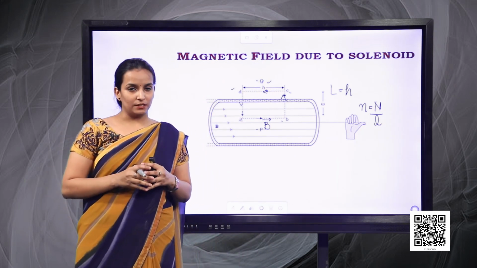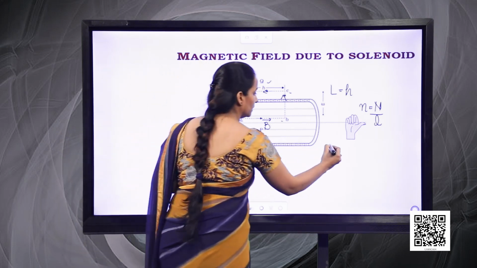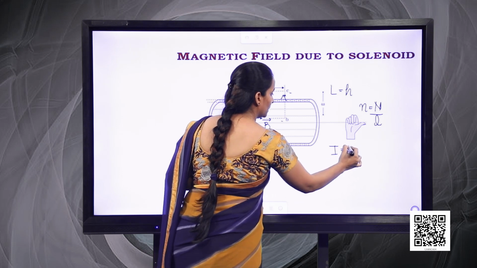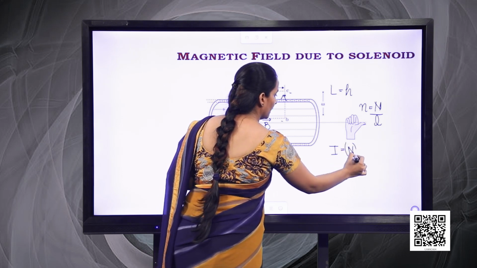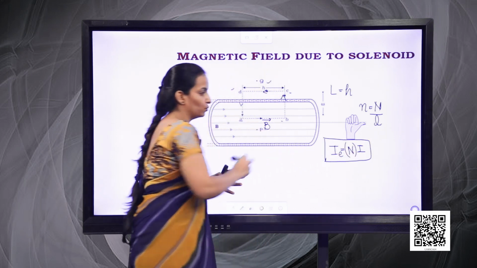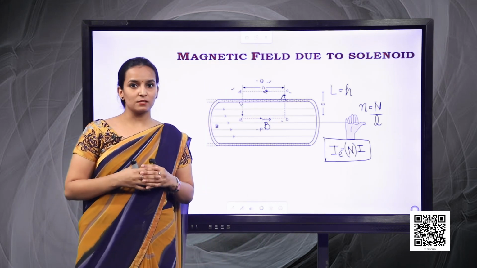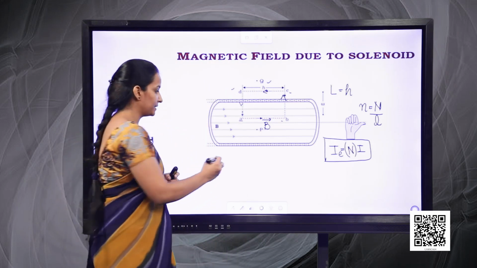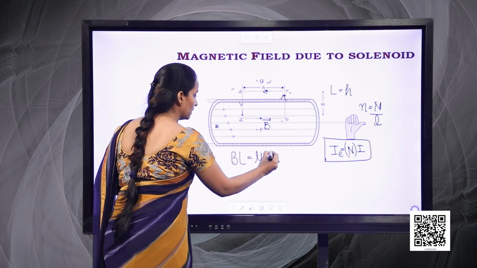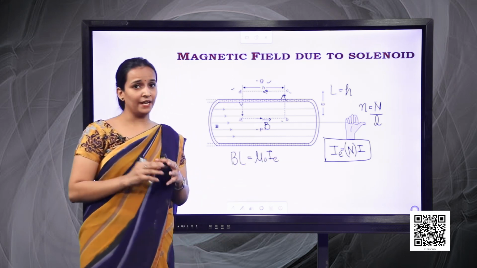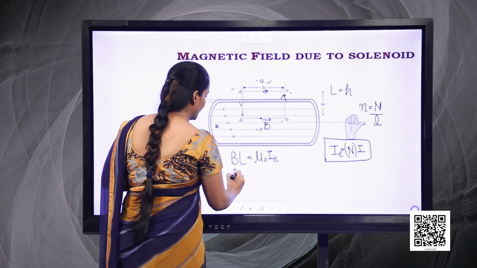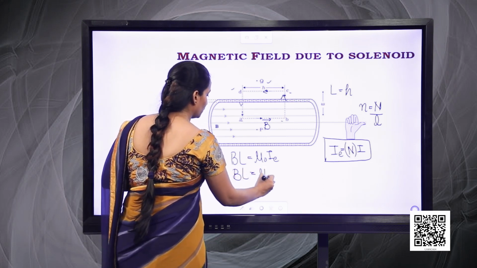The enclosed current I_E will be the total number of loops times the current in each loop. So, from Ampere's circuital law, we can write BL equals mu naught I_E. Here I_E is the total current.